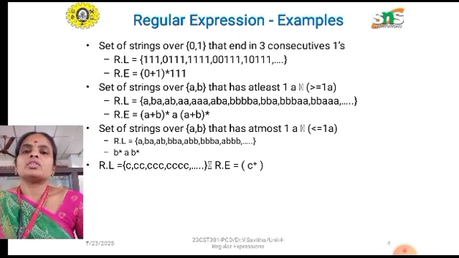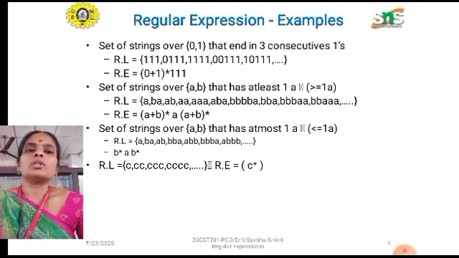Okay, so now here, whenever the input symbols are given, for example, take the first one. Here the set of strings over 0, 1. These 0, 1 is called as the alphabet or the symbol. So based on that symbol, the regular language is defined as possibilities of ones and zeros combinations.